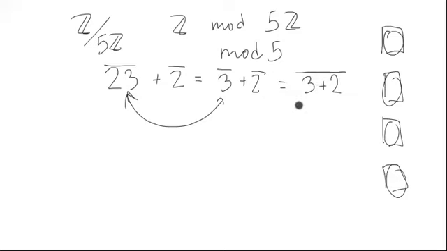So these bars, very nice. We can move the addition inside of them or outside of them. That's the function preserving structure idea. And that's going to be equal to 5 bar, which we know is the same as 0 bar. So we have this nice arithmetic. 3 bar plus 2 bar is 0 bar. So this is arithmetic in mod 5.